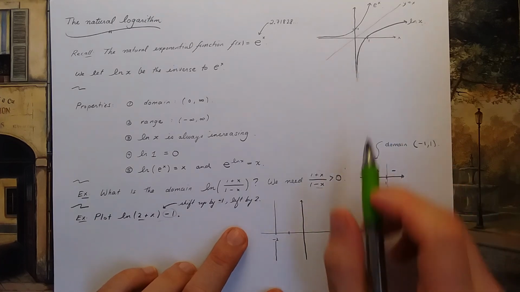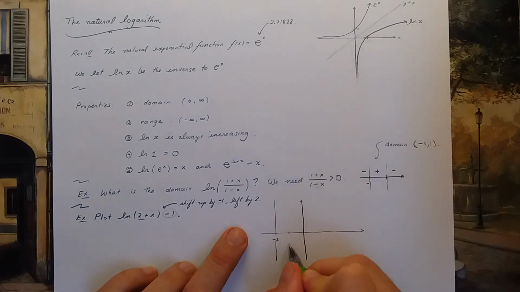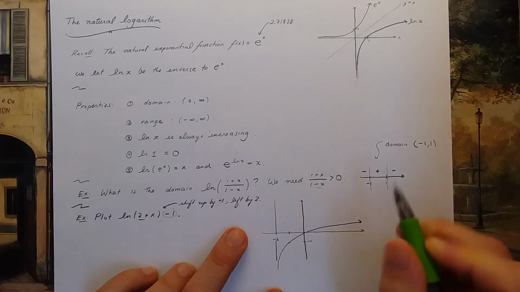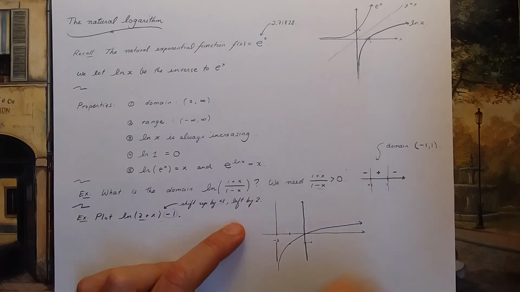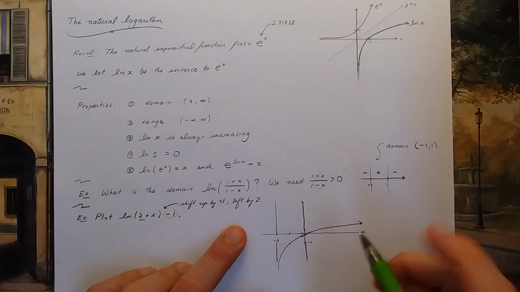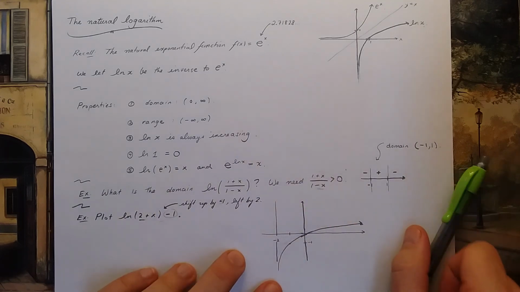So I believe this value where it crosses the x-axis will be transformed into a value here at -1. Therefore, the picture is going to look something like this. I don't think it crosses through the origin. My picture made it look like that. I think it goes a little bit past, but there is an approximate picture of the graph of this function. Okay, wonderful.